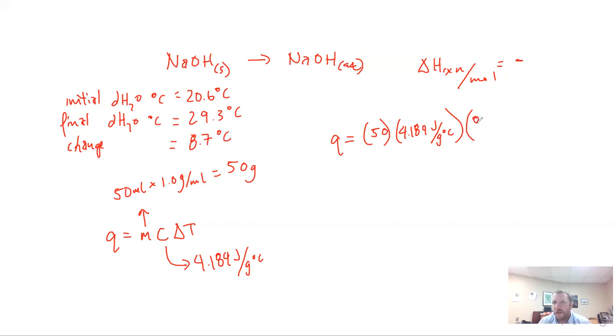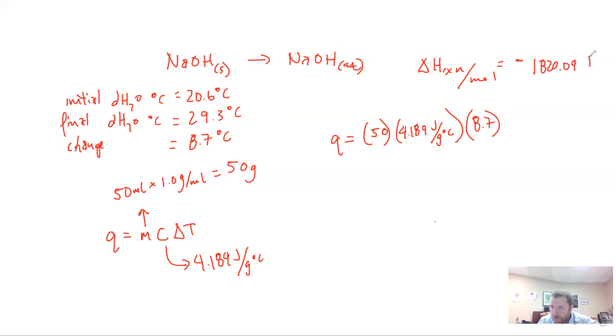So my delta T is 8.7. I know that this is going to be a negative value, but all that I need to do is take my calculator and say 50 times 4.184 times 8.7, and I get negative 1820.04.